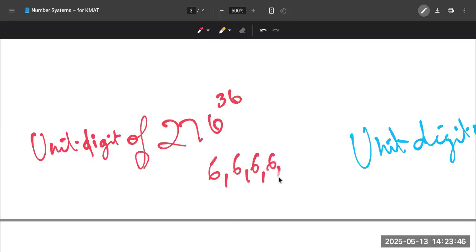No matter which power comes above, it is 6 only.